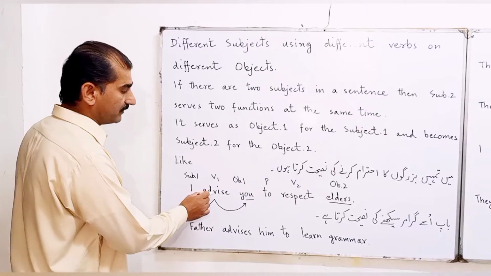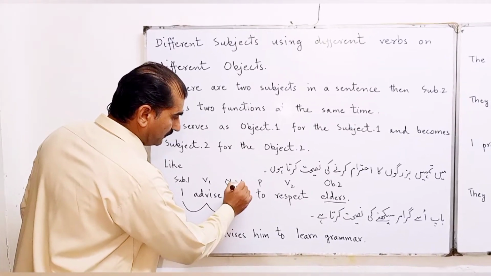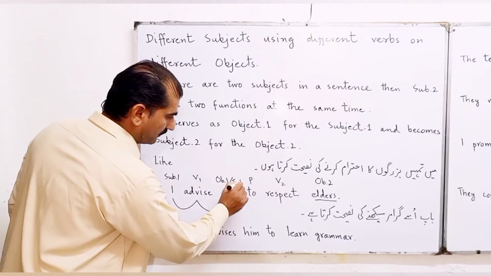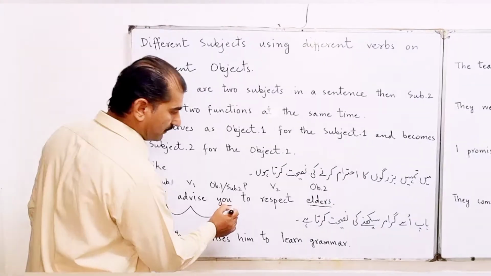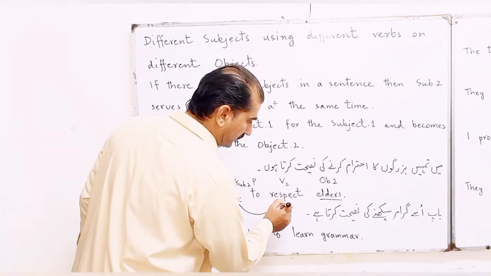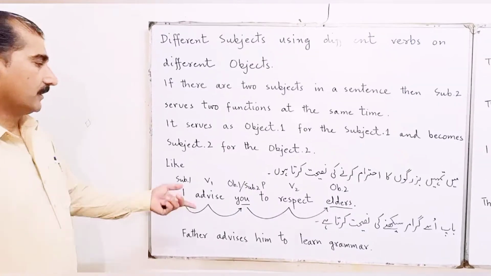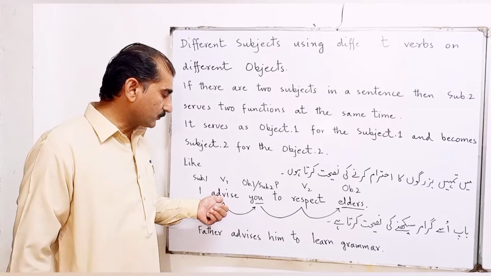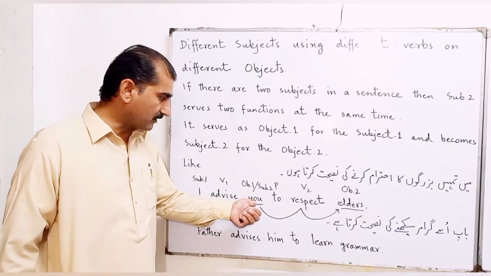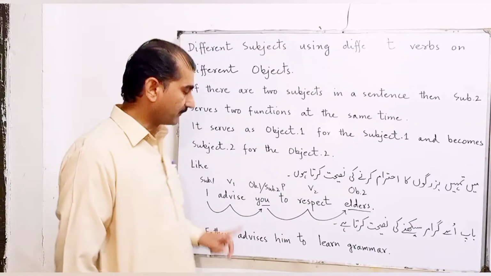I apply this verb on this object. That this object shall in turn perform this action, apply this action on this object. Look at this sentence again. This subject is applying this verb on that object and this subject is applying this verb on that object.